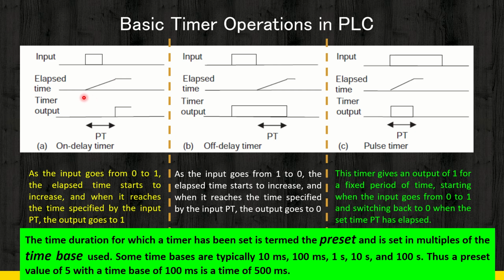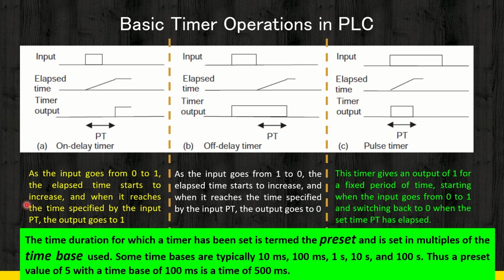Now you can see here that if I have given a PT, that means a preset time, of 5 seconds, then once this 5 seconds is over, you get the timer output. This is simple. As the input trigger goes from 0 to 1, the elapsed time starts to increase.